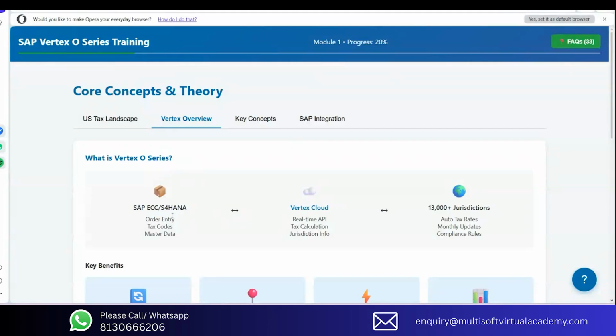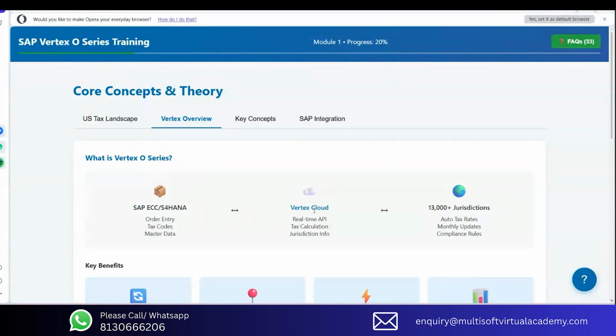To communicate with SAP, Vertex is not in-house. It's a third party, centrally managed, on a central Vertex server. All the data, tax, everything is there. Suppose in California there is an amendment to the tax rates.